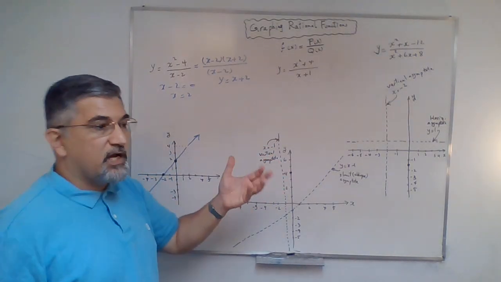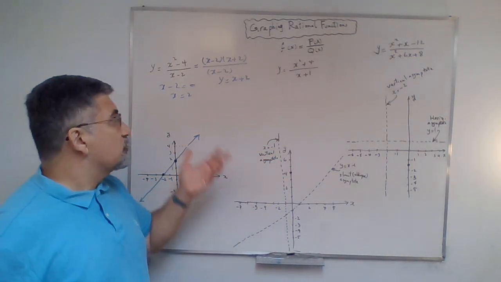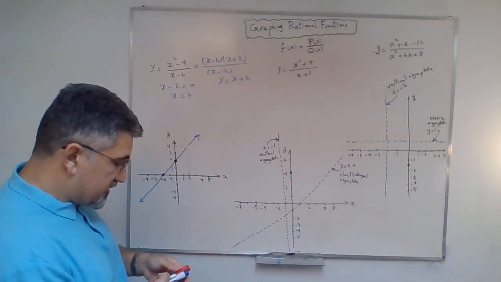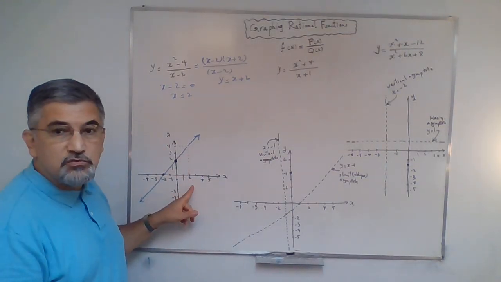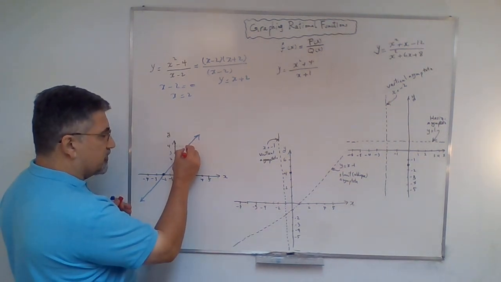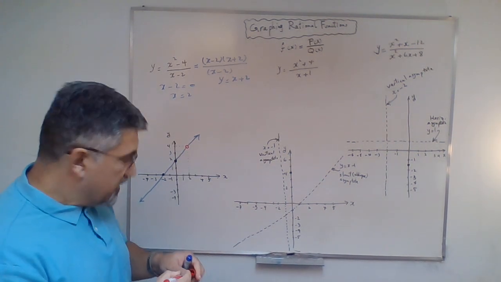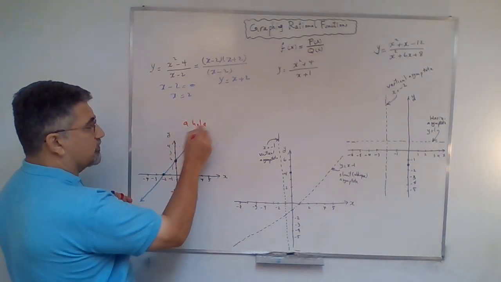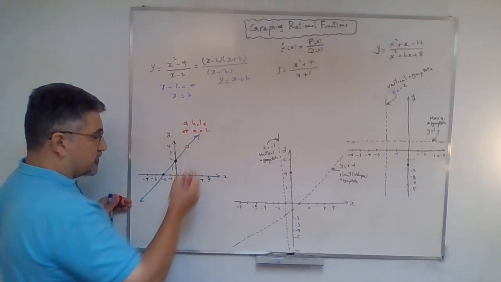In other words, at x equals 2, nobody knows what is the value of the function. So in that case, we say that at x equals 2, we have a hole. So I'm going to draw a hole like this. It's an empty circle. And we say that this function has a hole at x equals 2.